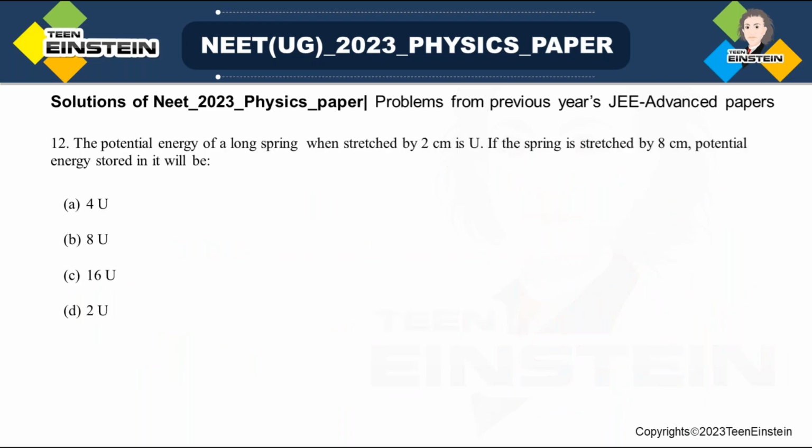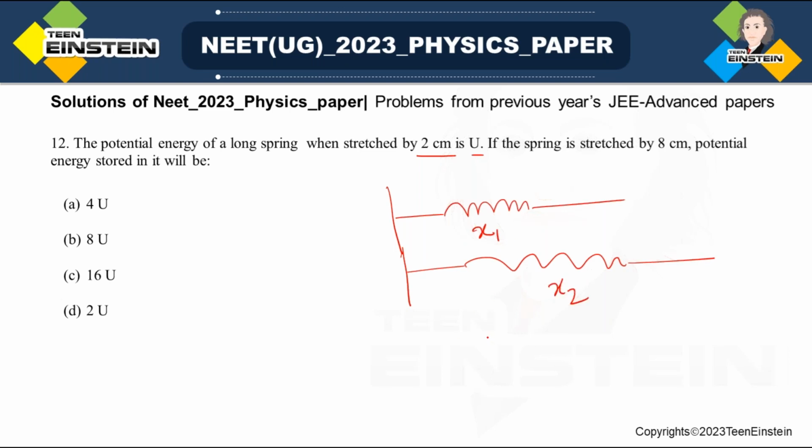Now I think this is the last problem for today. The potential energy of a long spring when stretched by 2 centimeters is Q. If I have a spring with its original length x1, and when it is stretched to some length x2, the change in length is delta x equal to x2 minus x1.